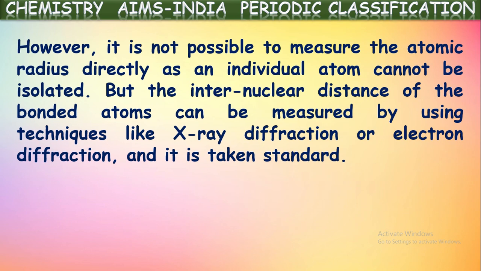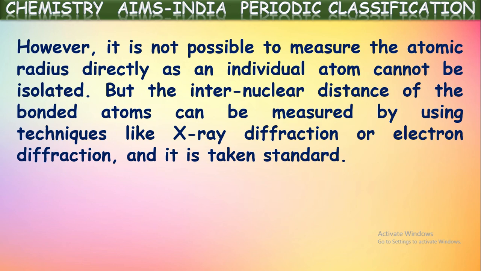However, it is not possible to measure the atomic radius directly, as an individual atom cannot be isolated. But the internuclear distance of the bonded atoms can be measured by using techniques like X-ray diffraction and electron diffraction, and it is taken as standard.